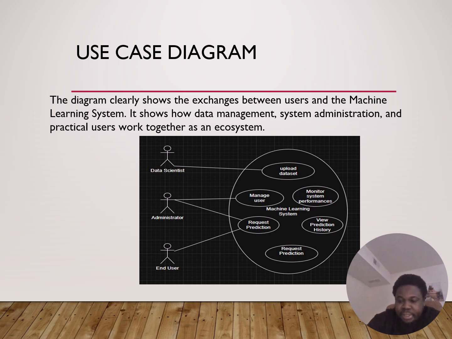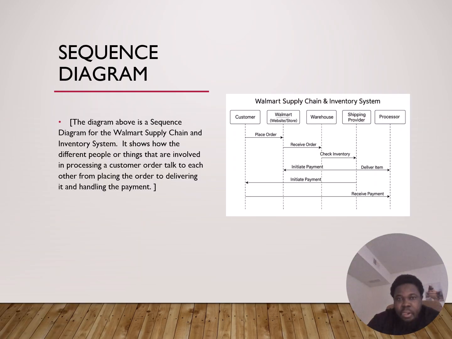Let's move on to my sequence diagram. It basically shows a step-by-step process where a customer orders an item through to the payment process.